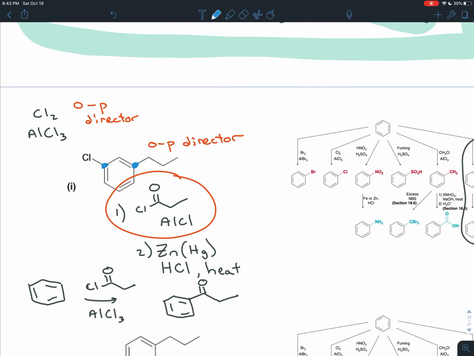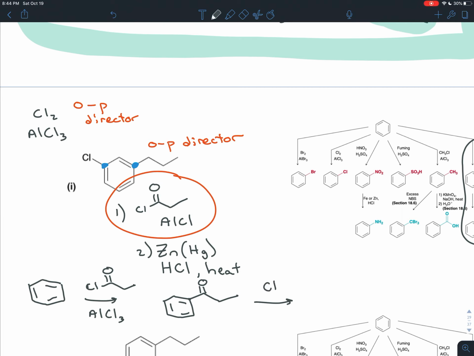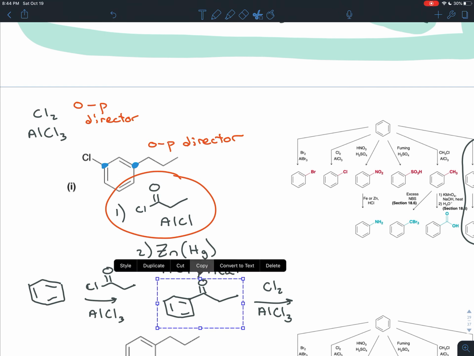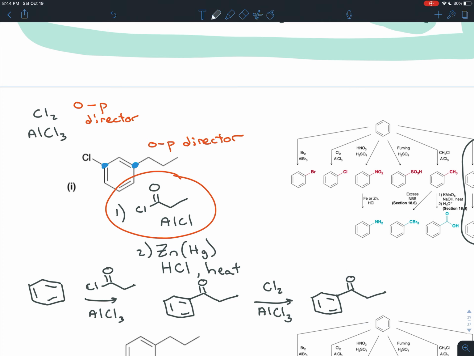Well, we need these to add meta. So now that we have this meta director, we could add the chlorine. The chlorine will be meta. And then we can just do the reduction. So we can treat that with the zinc-mercury amalgam, HCl, and heat.